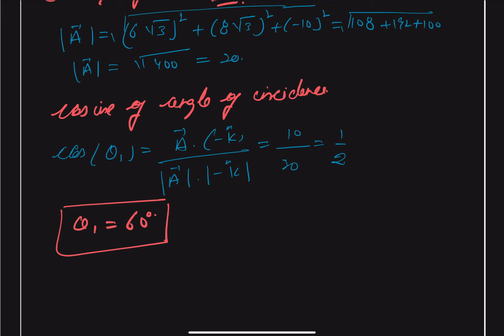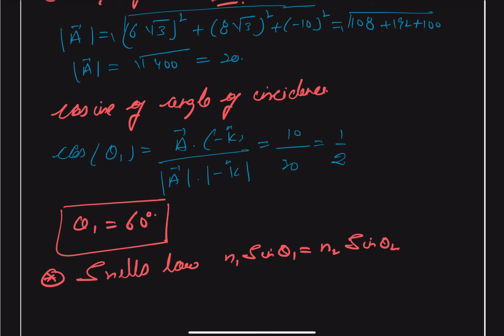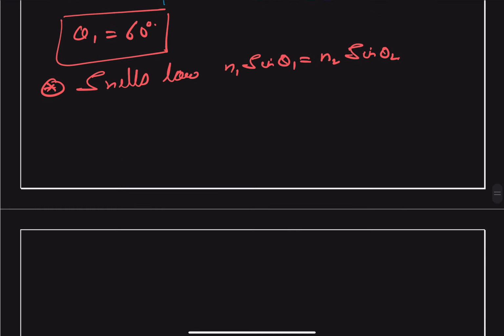Now we are going to find out what will be the angle of refraction, if we suppose that is our theta 2. For that we are going to use Snell's law. We can say n1 sine of theta 1 is equal to n2 sine of theta 2, and we substitute the value. n1 is given as square root of 2, theta 1 we just found out is 60, so sine of 60, and n2 is given as square root of 3, and here we have sine of theta 2.